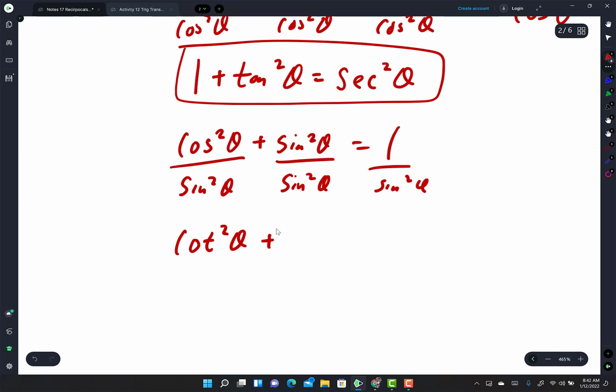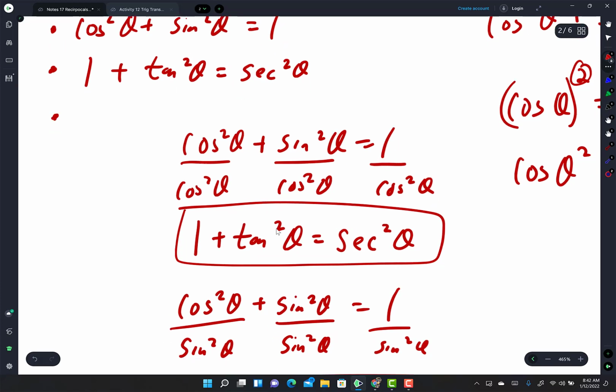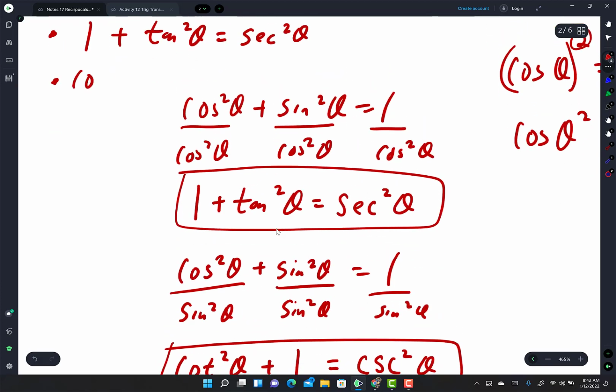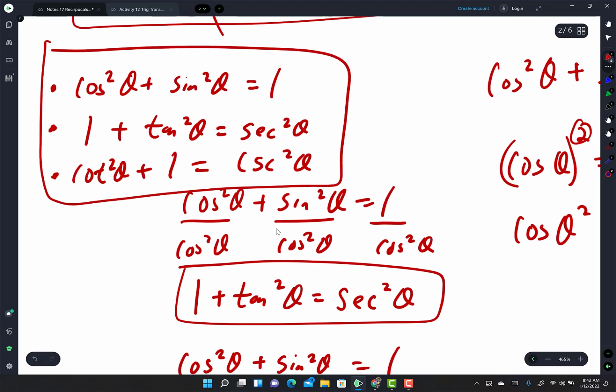Plus sine squared over sine squared, that's going to be 1. And 1 over sine squared, that's going to be, starts with a C, second letter S, cosecant squared. This is your third. So I'm going to write cotangent squared plus 1 equals cosecant squared theta.